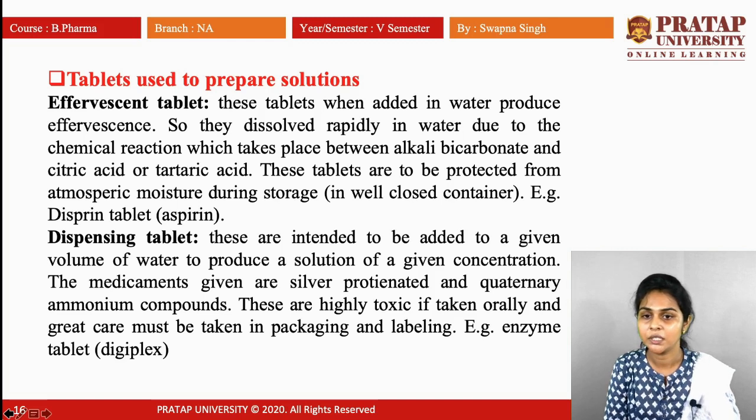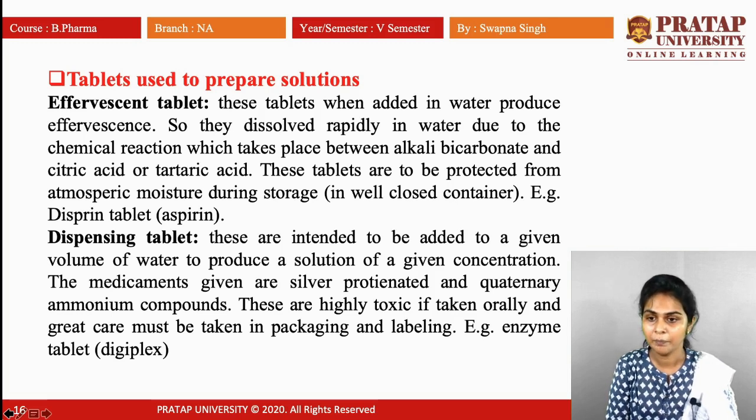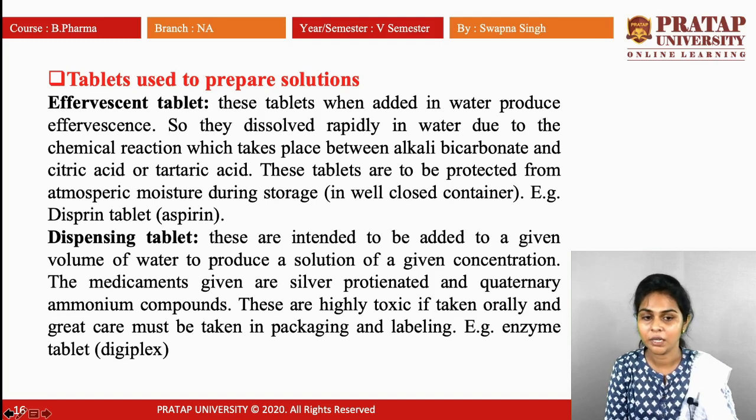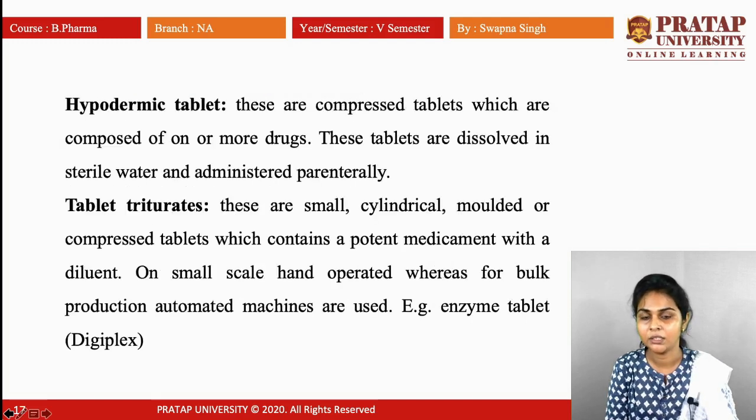Next one is dispensing tablets. These are intended to be added to a given volume of water to produce a solution of a given concentration. The medicaments are silver protein and quaternary ammonium compounds. These are highly toxic if taken orally, and great care must be taken in packaging and labeling. For example, enzyme tablets like Diziplex. Next is hypodermic tablets. These are also compressed tablets composed of one or more drugs.